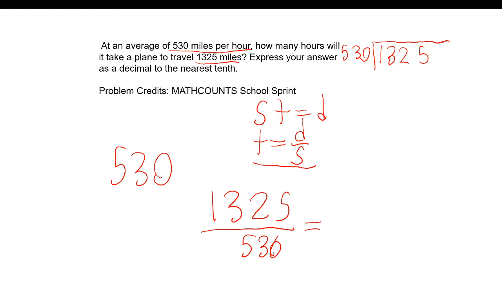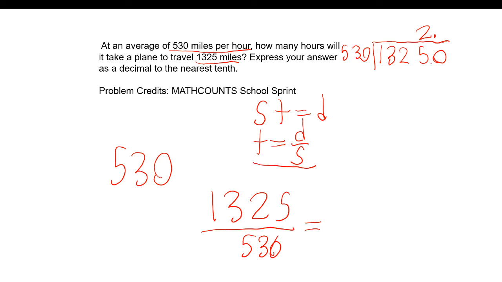Now all we need to do is plug in our values. 500 times 2 is 1,000, so 500 times 3 is 1,500. This should be 2. And then we should have a 0 over here, and we should have a decimal over here.